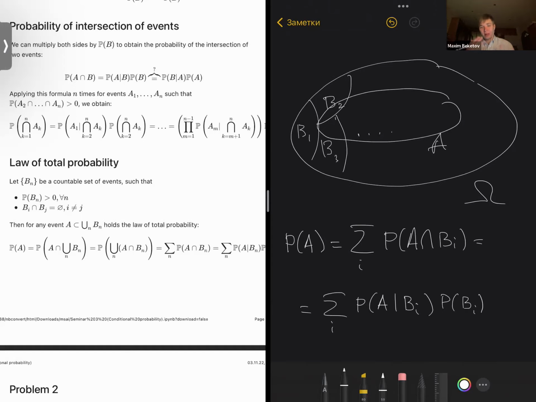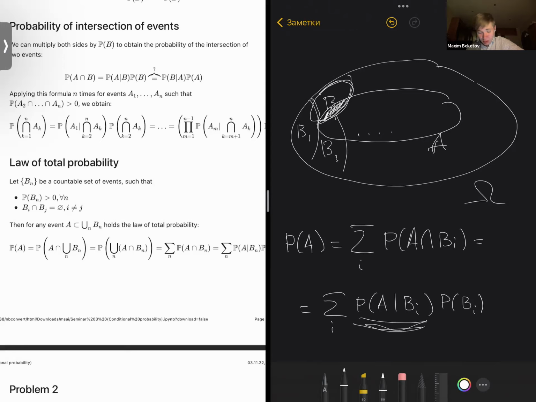Okay, and again, you can think about it in terms of reweighting the areas to get the probabilities, because conditional probability of A given B means that out of a certain B, I'm looking at this part, and the ratio of this area to the area of the whole B is this conditional probability, right?